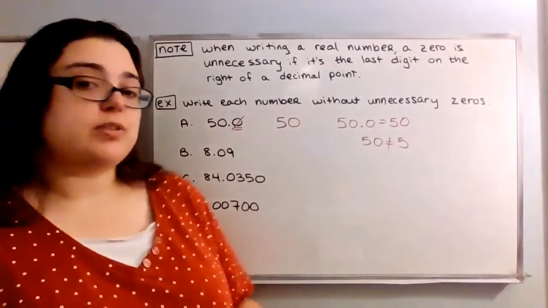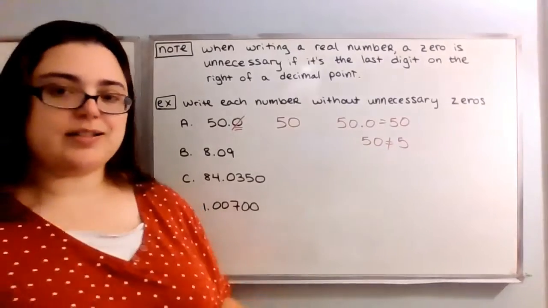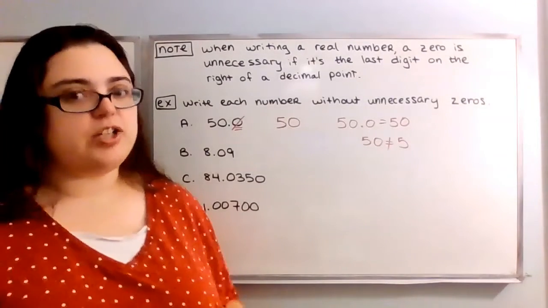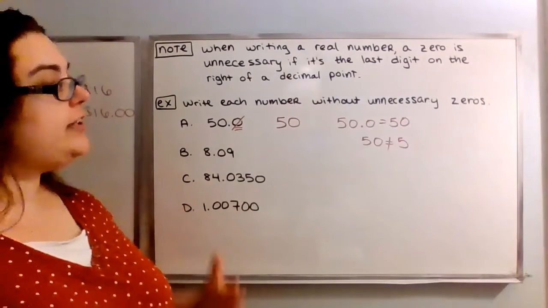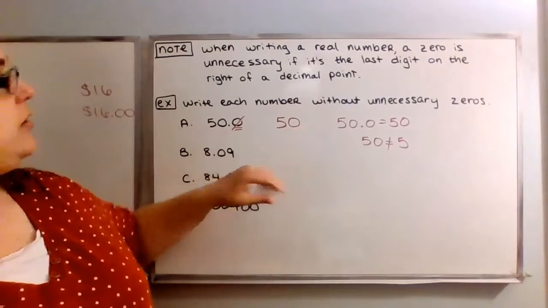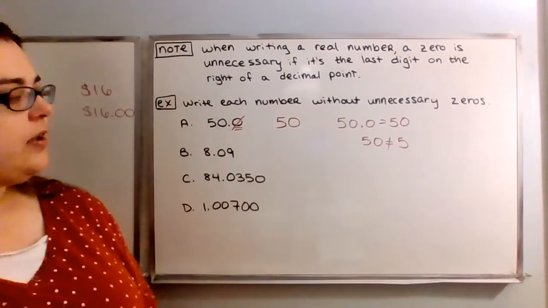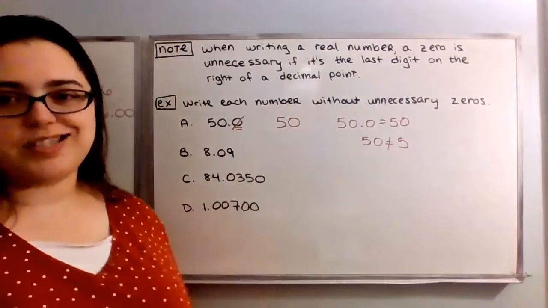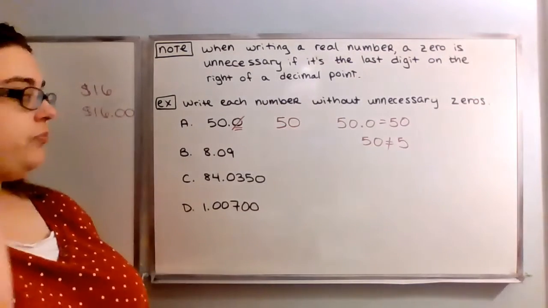That's really what we're saying when we say a zero is necessary or unnecessary. It's unnecessary if removing it doesn't change the amount of the number, and you find it by seeing if it's the last digit to the right of a decimal point. So let's work through these other examples and see if we can find any more necessary or unnecessary zeros.